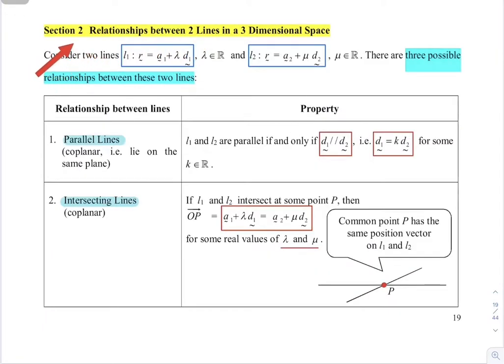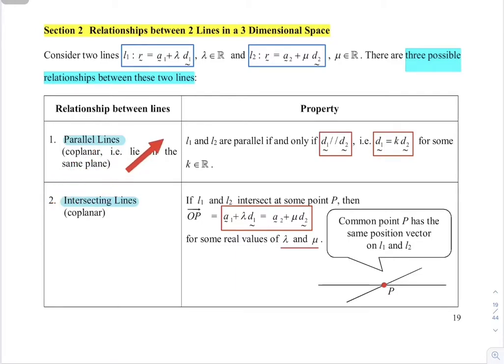In this section, we are going to look at the relationships between two lines. Let's say we have two lines L1 and L2. The equation of L1 is given as so. The equation of L2 is given as so. There are three possible relationships between these two lines. The first one, the two lines are parallel lines, that is, they are coplanar, lying on the same plane.